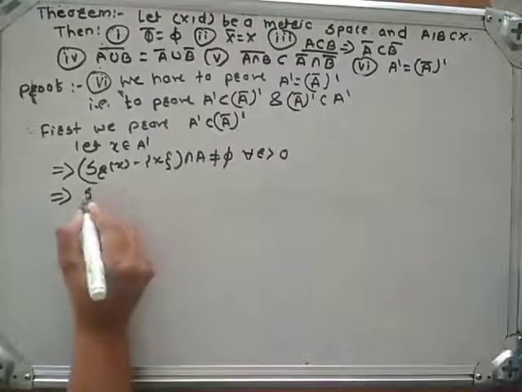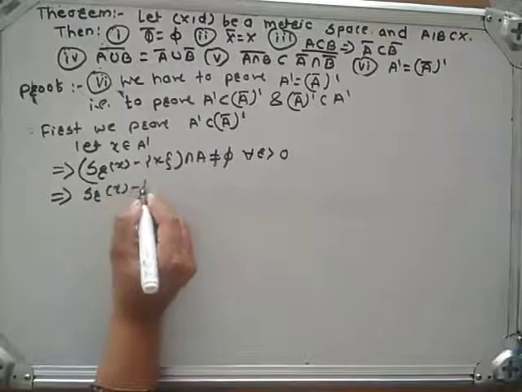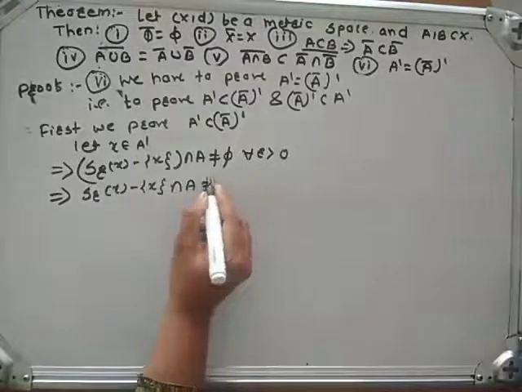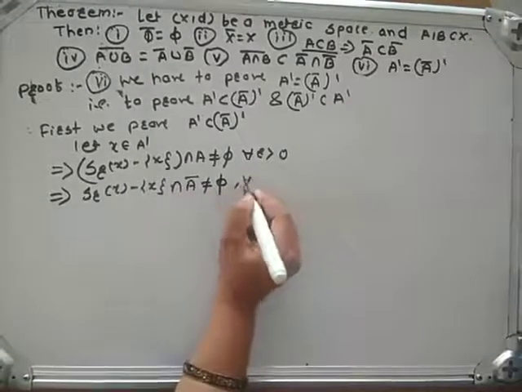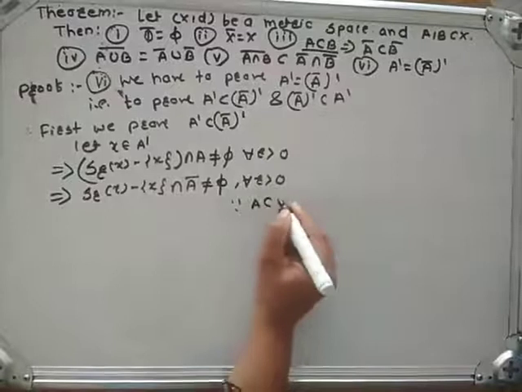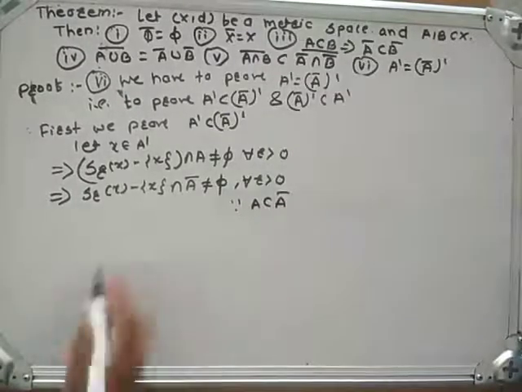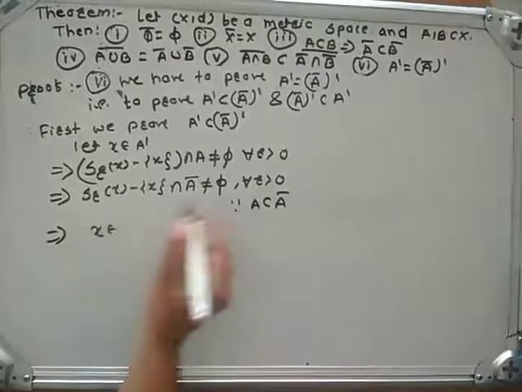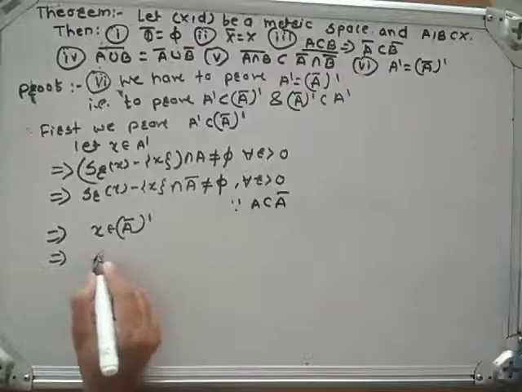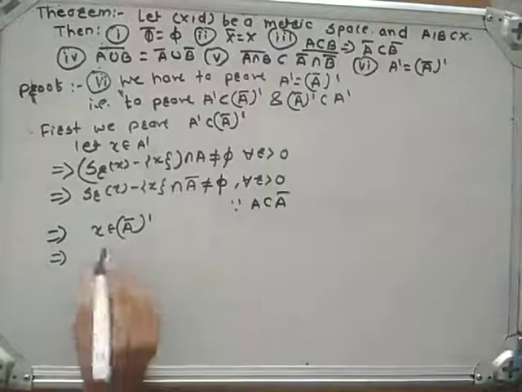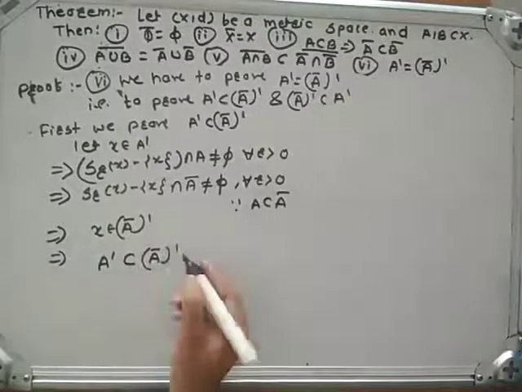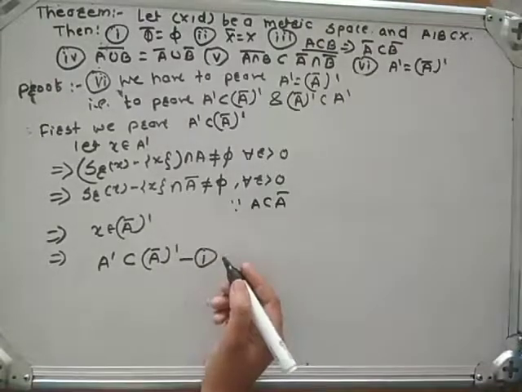That implies S_r of x minus singleton x intersection A closure is not equal to phi for all r greater than 0. Since A is always a subset of A closure, that implies x belongs to limit points of A closure. That implies limit points of A is a subset of limit points of A closure. Call this equation number 1.